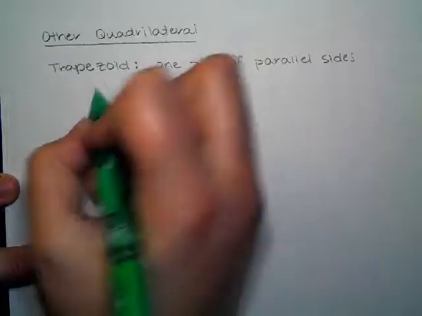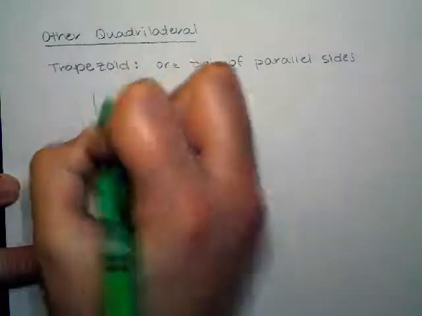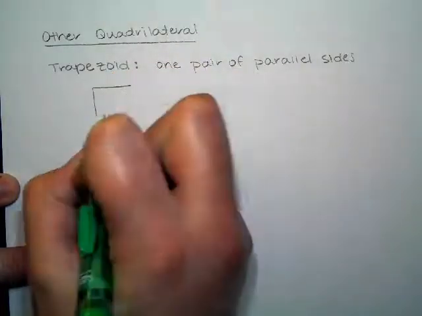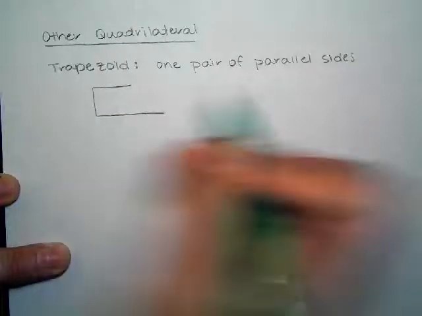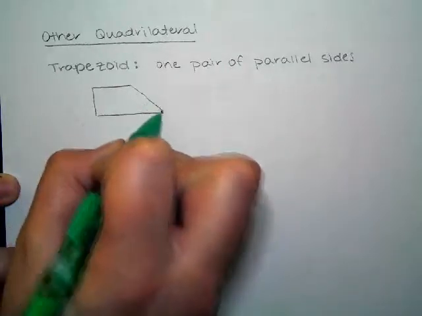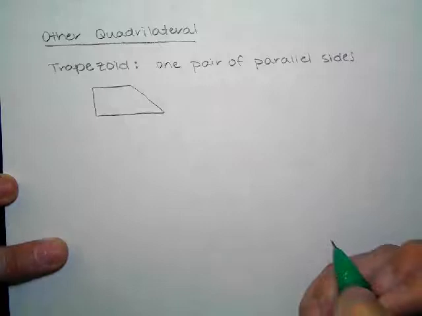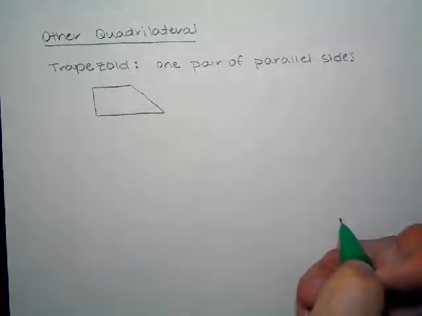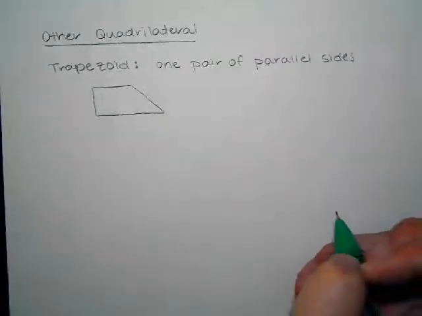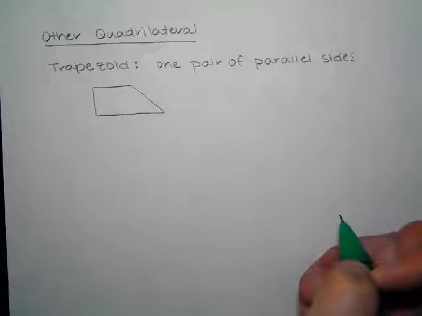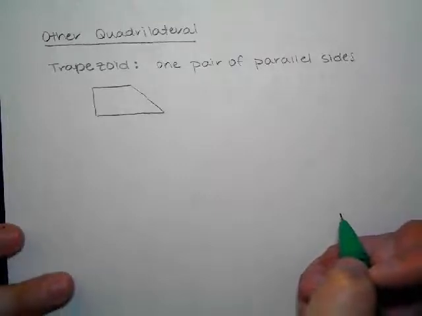One pair of parallel sides. So there's a picture of a trapezoid. It might not be the picture of a trapezoid that you're used to seeing, but that's okay. This is a real picture of a trapezoid.